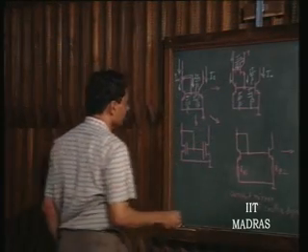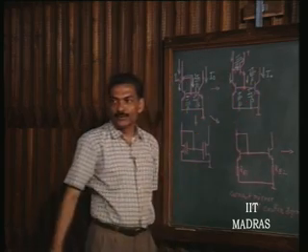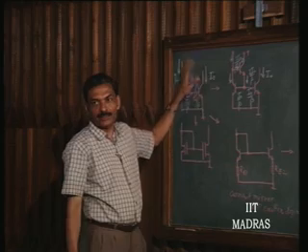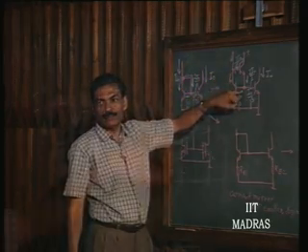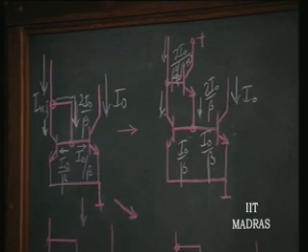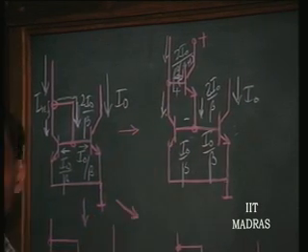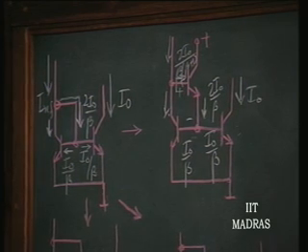Next, is this clear? This is a commonly used current mirror. The only difference between this current mirror and that current mirror is in terms of reverse bias here. What is the reverse bias of this transistor now? This is no longer a diode connected transistor, but a transistor itself, because it has a reverse bias of V gamma.